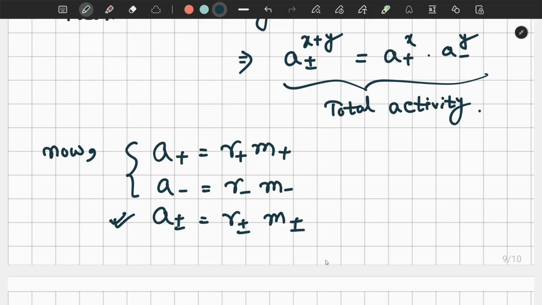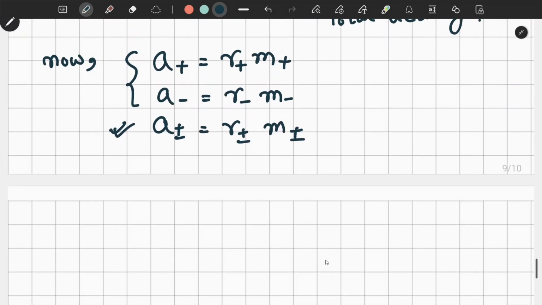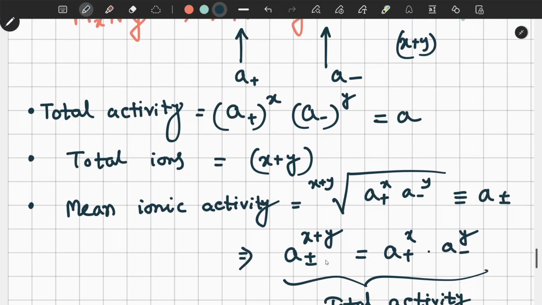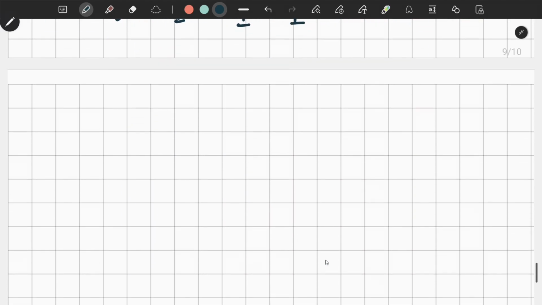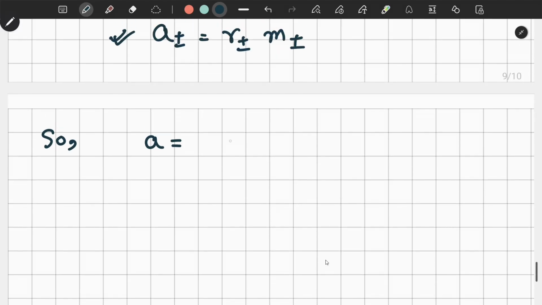Okay. Instead of, let's say, X cations and Y anions, we are assuming there are X plus Y number of same ions. Then what will be the case? What will be the picture? What will be the effective activity? So what will be the total activity now? Total activity is written by A. So total activity will be now, you know the formula.